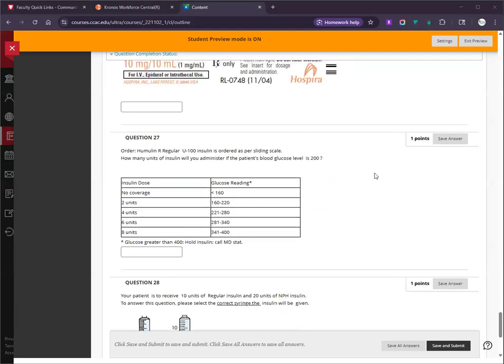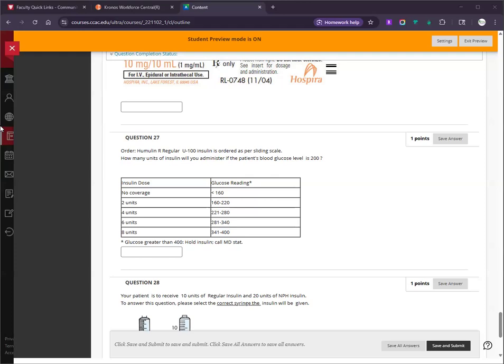Sliding scale. Sometimes for these insulin questions, it'll show you a picture of insulin, and it'll say something like 100 units per milliliter. Insulin's always going to be measured in units.